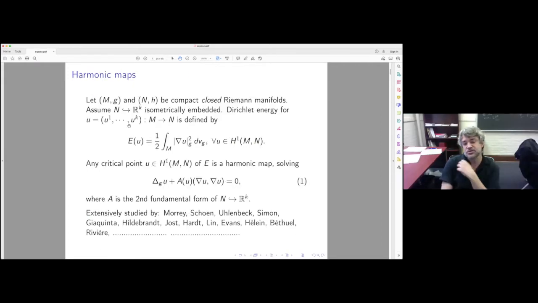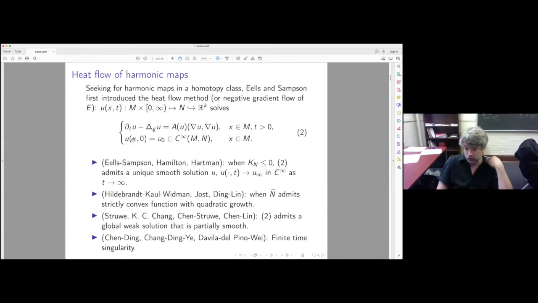So then, as I was mentioning, one of the questions would be the existence, and one way we can construct existence for this equation would be to look at the formal gradient flow of this energy.